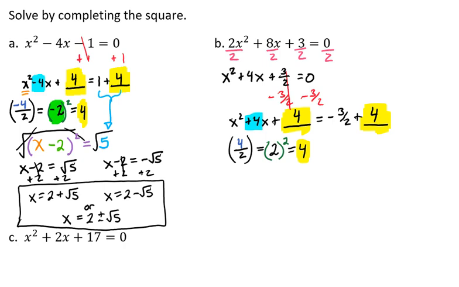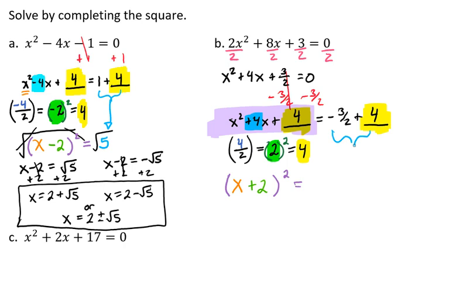So now we want to rewrite this portion so that it's a quantity, right? We're going to have our x, and this time it's a positive 2, so plus 2 quantity squared equals, and now we need to know what is negative 3/2 plus 4.